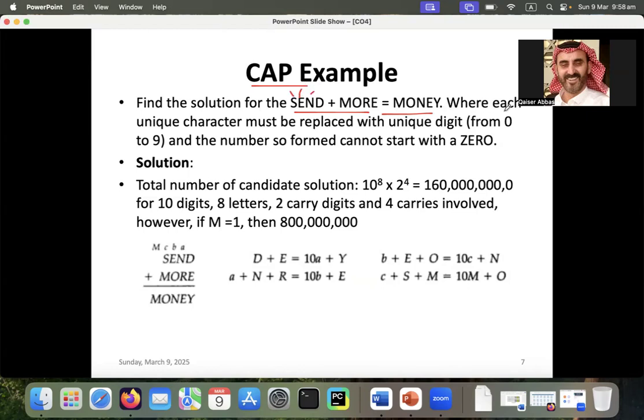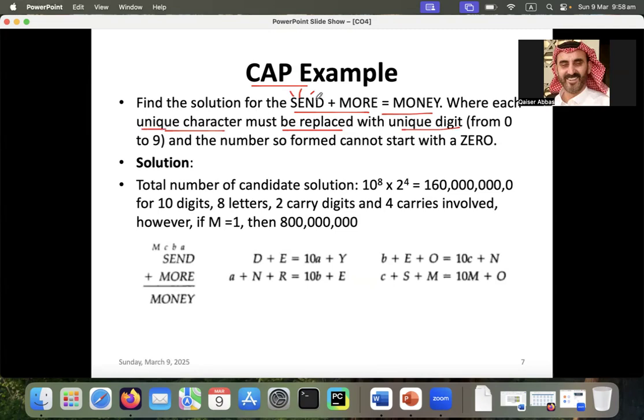Extra information in the question is that each unique character, so these characters S, E, N, D, M, O, R, Y, must be replaced with a unique digit. The word unique is there.